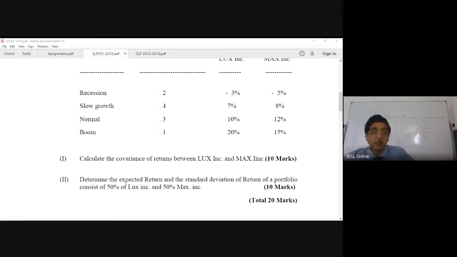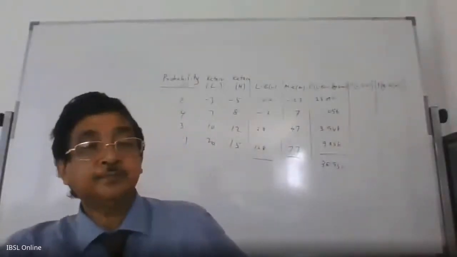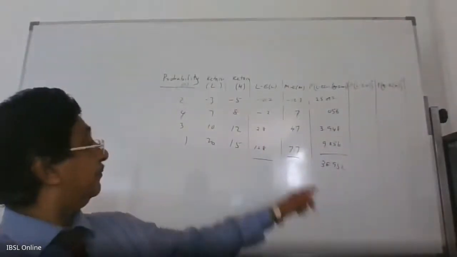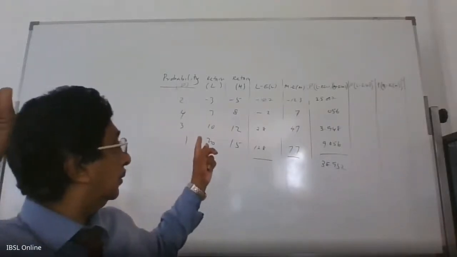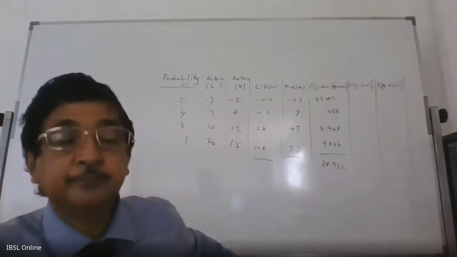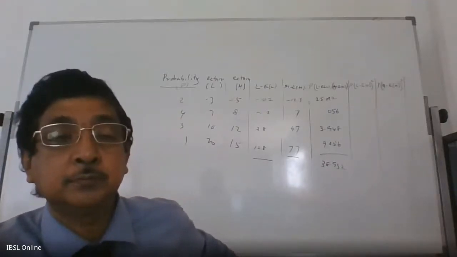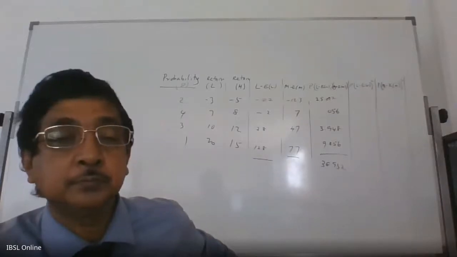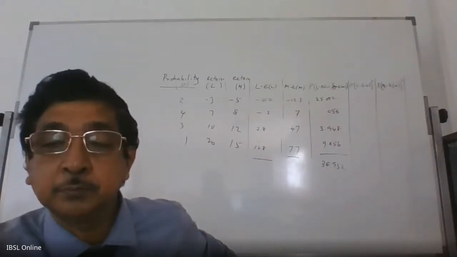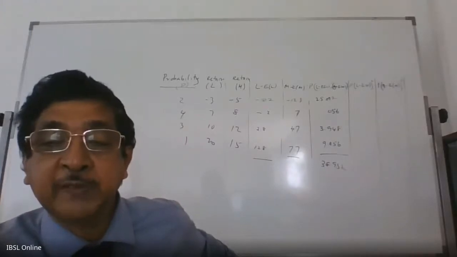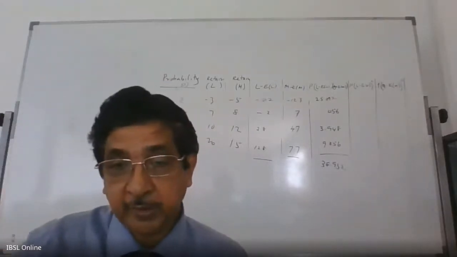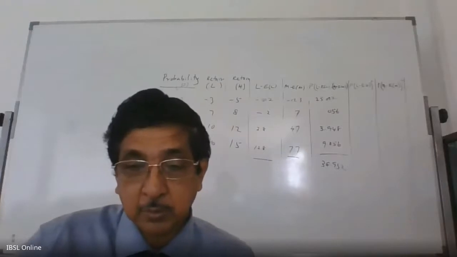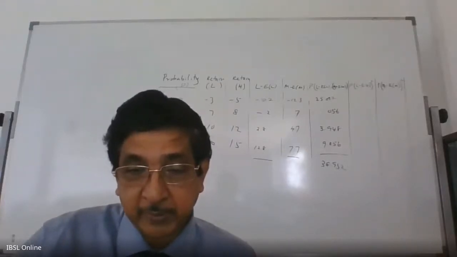The covariance is 38.952. That is the covariance. The value is correct.